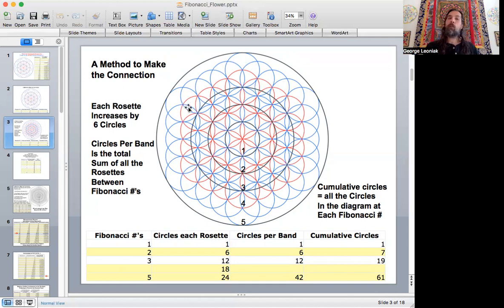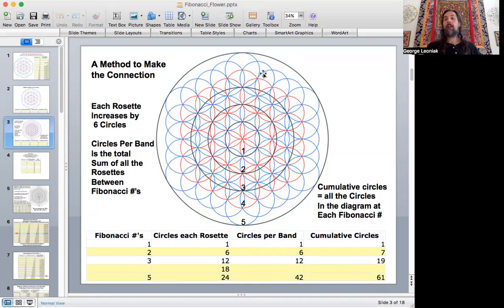But we skipped 4 here, right? So 4 is this series of red circles, but that is not one of the Fibonacci numbers, because at this point we're adding 3 plus 2. That will give us our new radius of 5.